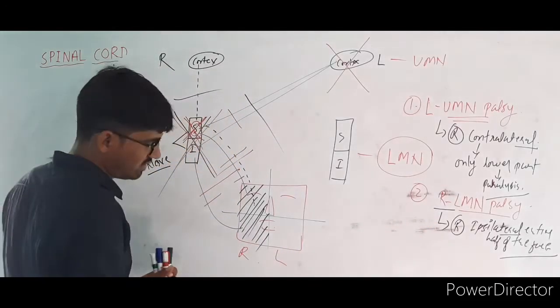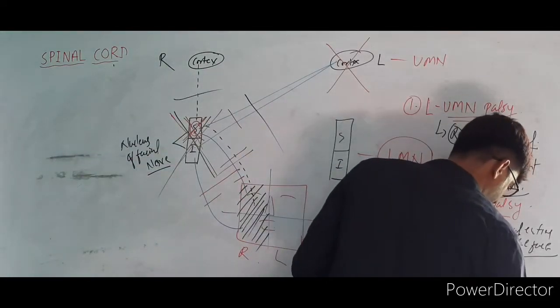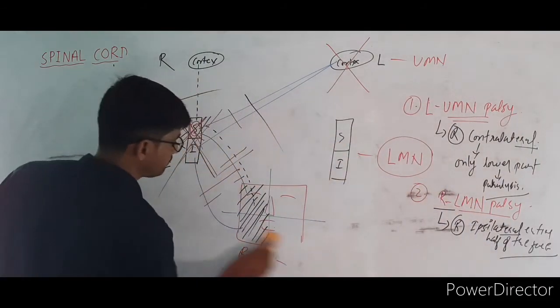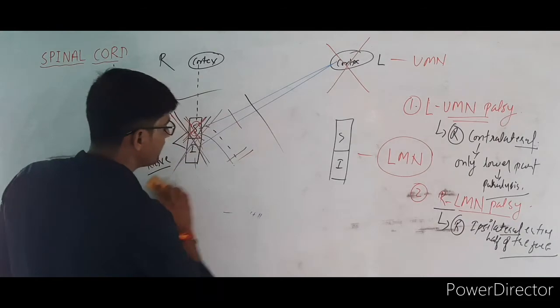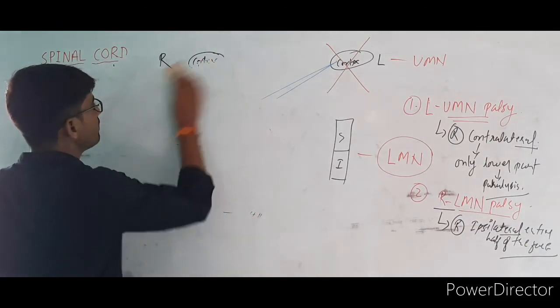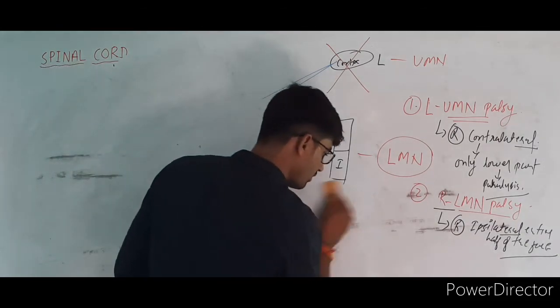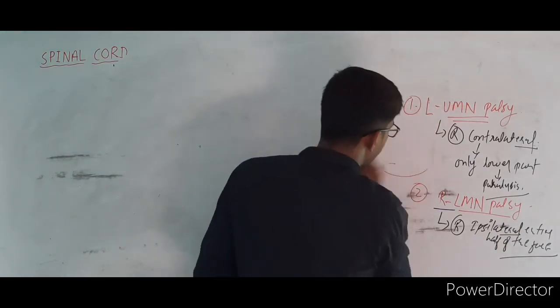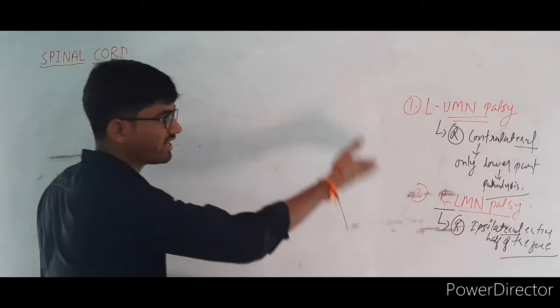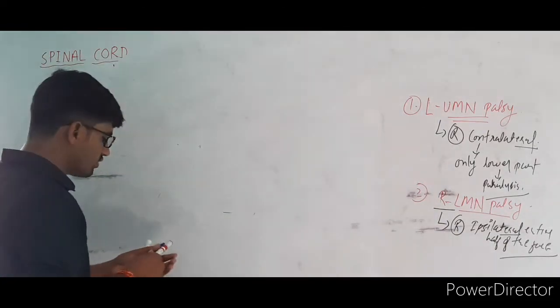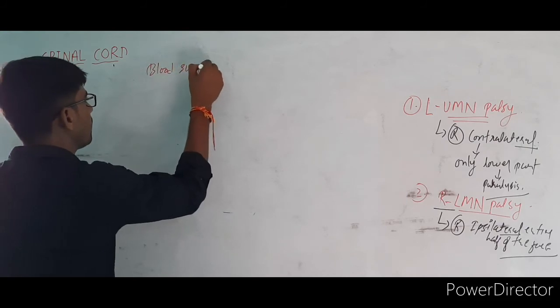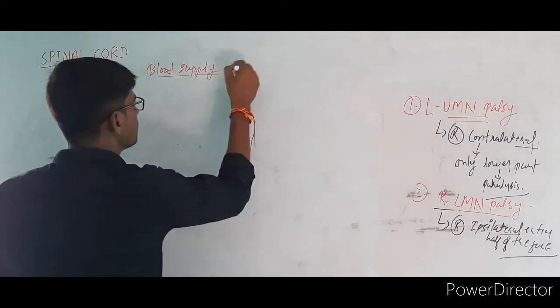Okay, yes. So everything we have covered, and now only one thing that I want to tell you. That is the blood supply of the spinal cord, right? This is very, very important and very, very interesting. So now, the blood supply of the spinal cord.